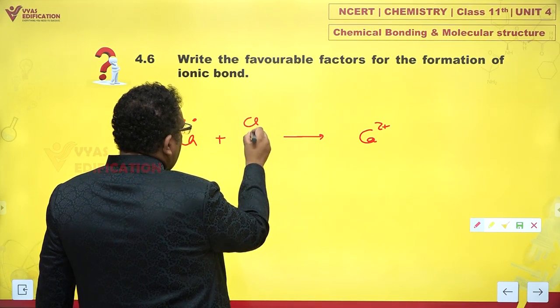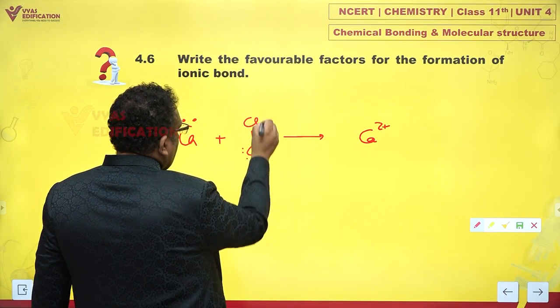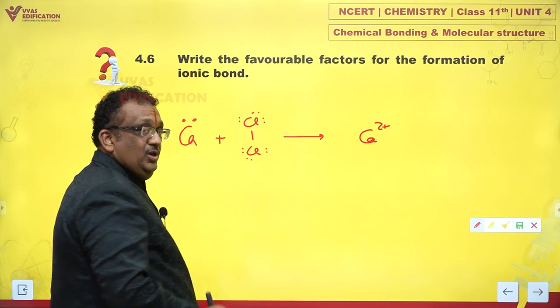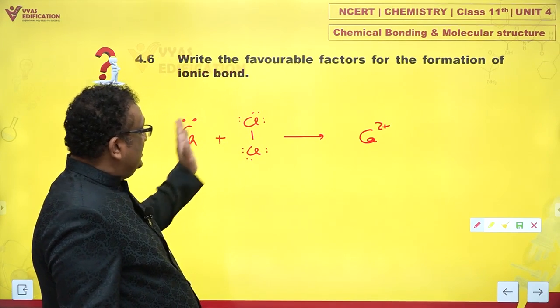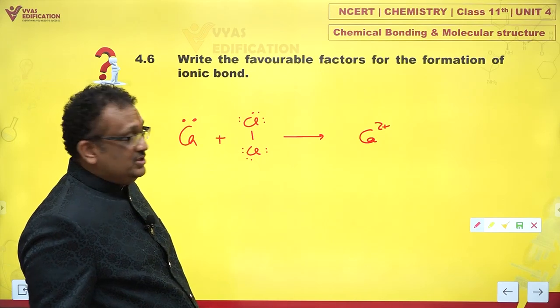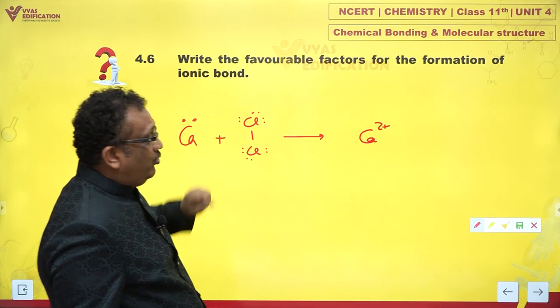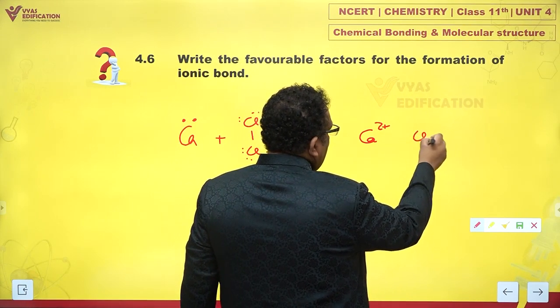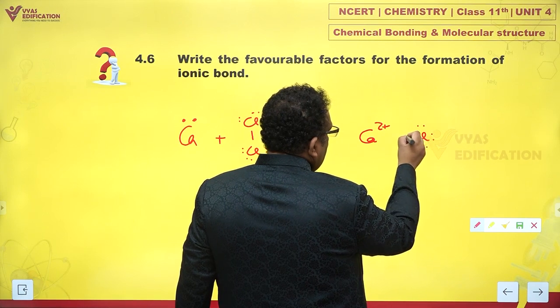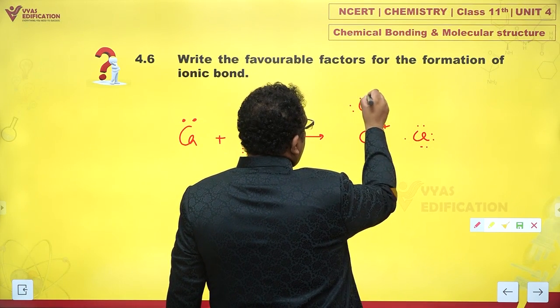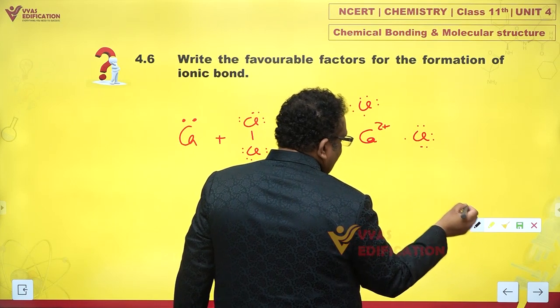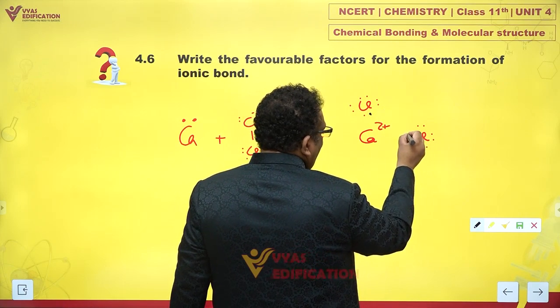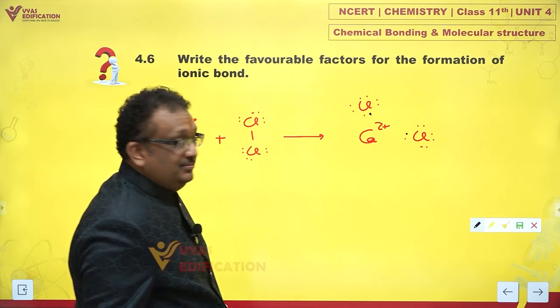See, Cl, Cl. This is the chlorine molecule. And once this receives 2 electrons, that means 1 electron can go to this, 1 electron can go to this. So I will get Cl. 7 electrons were already the personal electrons and 1 more they have received from calcium.